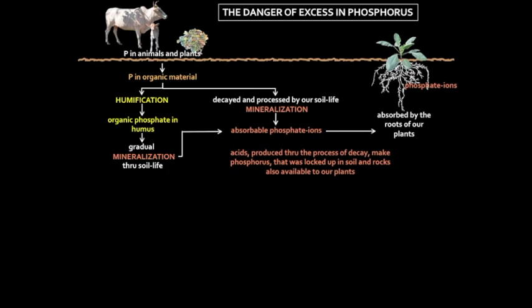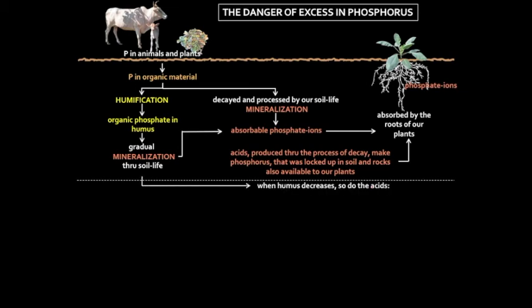At the same time, acids produced through the process of decay make phosphorus that was locked up in soil and rocks also available to our plants. However, when humus decreases, so do the acids.